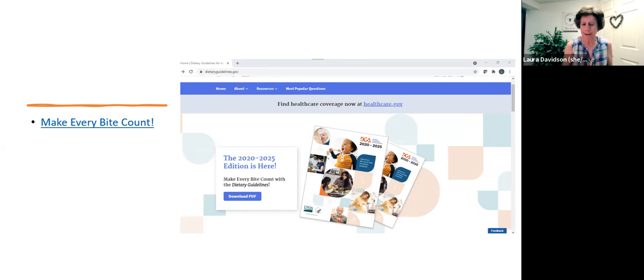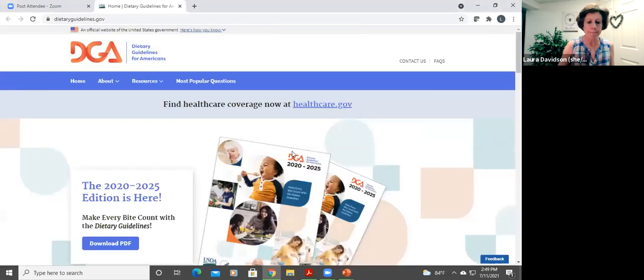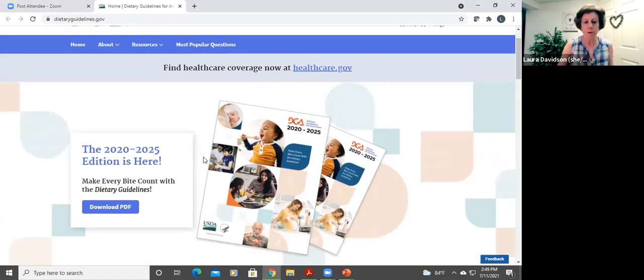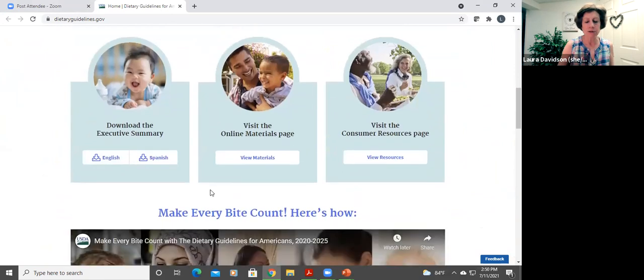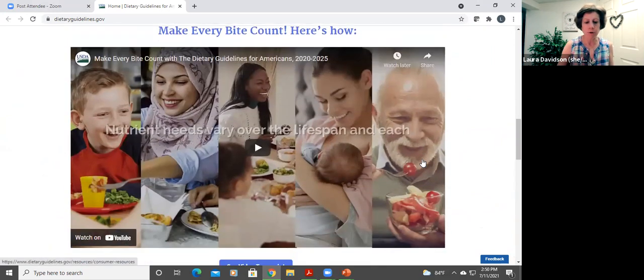And that did not happen because the food industry got involved. Now, I am not saying the dietary guidelines are bad. They're very solid guidelines. People like me are always a little bit disappointed that they don't go further. But nonetheless, you can find them here. And there are some shorter summaries and consumer pages that might be helpful.